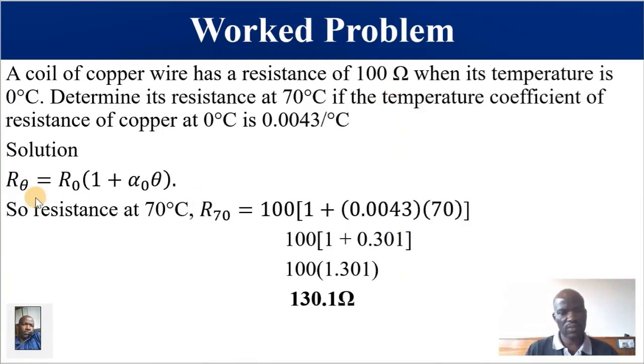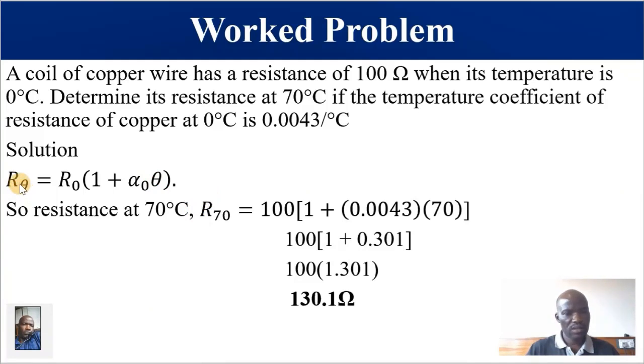Solution. Guys, we must know this formula. R theta is the new resistance at 70 degrees Celsius, and how is it found? This is equal to the resistance at 0 degrees Celsius, in brackets 1 plus its temperature coefficient of resistance at 0 degrees Celsius multiplied by the temperature rise, which is theta.